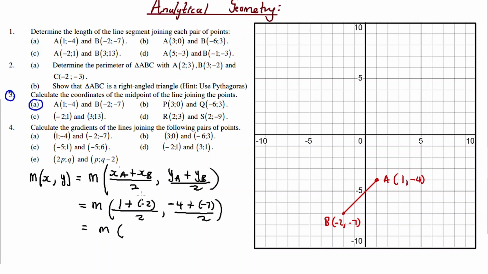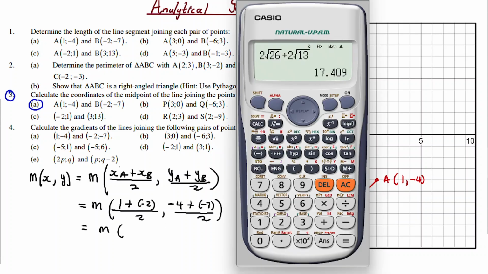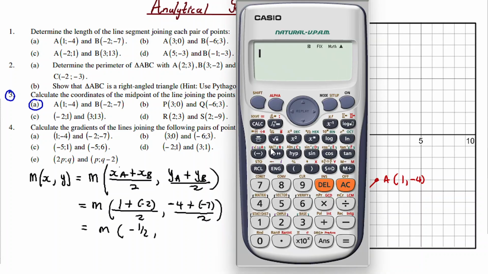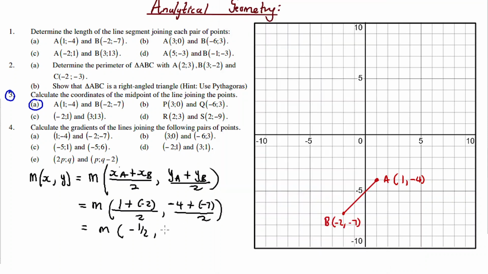So M is equal to, let's work out the first coordinate. 1 plus minus 2 over 2, so the answer is negative half. And then for the y coordinate, that's minus 4 plus negative 7, close bracket, over 2. Answer, that's negative 11 over 2. So this is our midpoint.